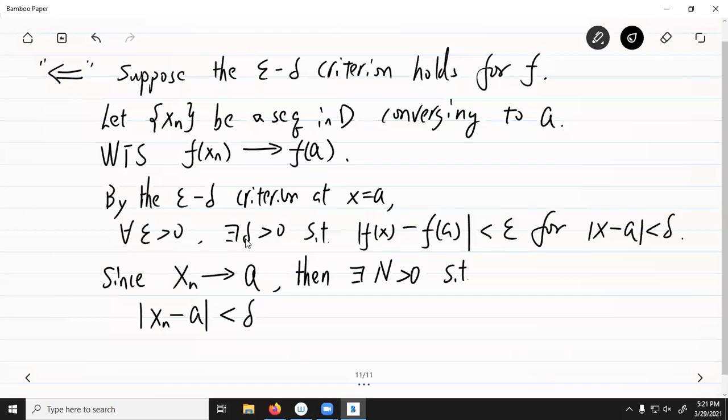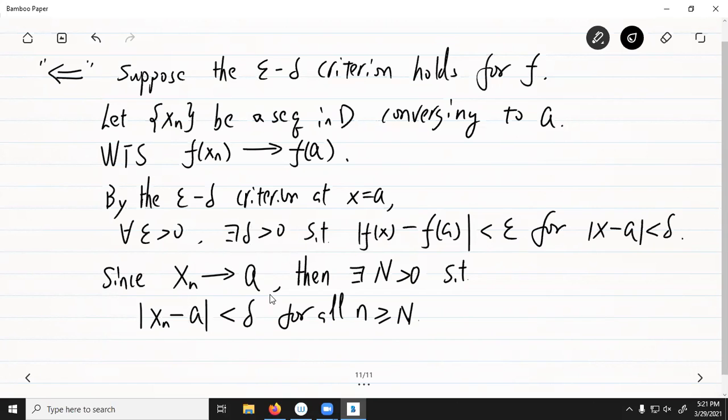We can do that, no problem, because that epsilon is arbitrary, so we can take a specific number for our convenience. We pick this epsilon to be our delta, for all n greater than or equal to capital N.